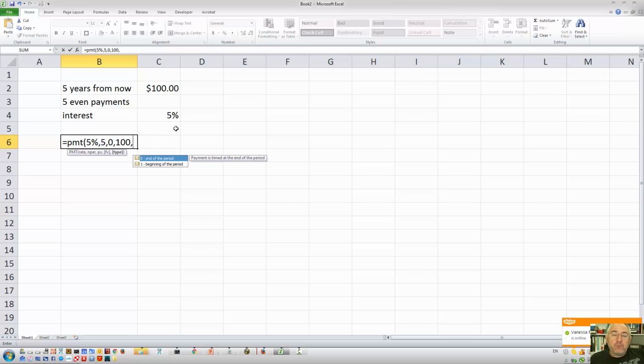The last thing I have to put in is the timing. Now, the timing is important. Do I make the payments at the end of the period or do I make them at the beginning of the period? And this can actually be quite substantially different. If I make a payment at the end of the period, then I won't earn any interest on it this year, because it only came in on the last day of the year. But if I make the payment at the beginning of the year, I earn some interest at the beginning of this year.